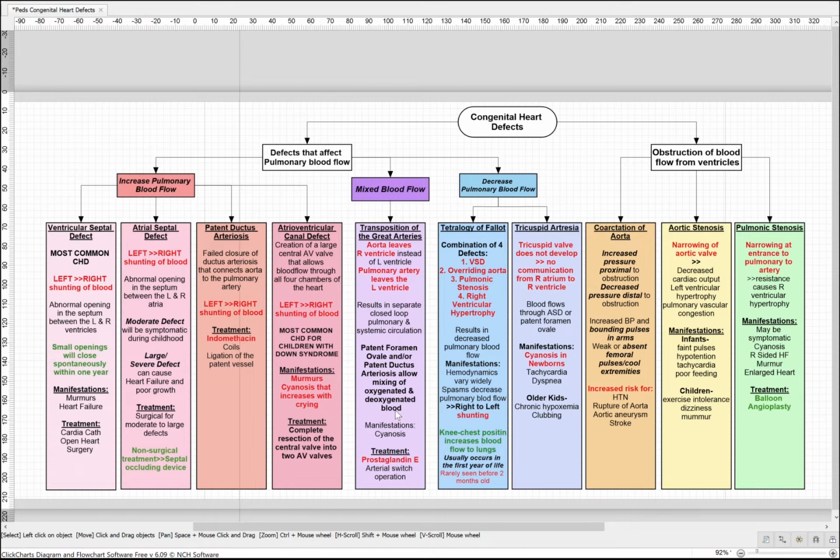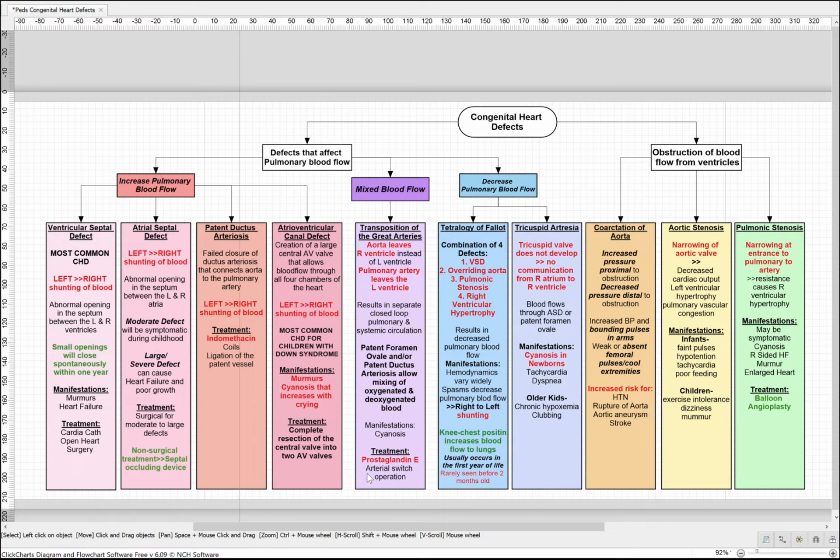And so a big one for this one is that the treatment is prostaglandin E. So this is not going to cure anything, but the big thing about this one is that it is going to keep those openings, like the foramen ovale or the patent ductus arteriosus, open up until the point where these babies can have surgery for the arterial switch operation.